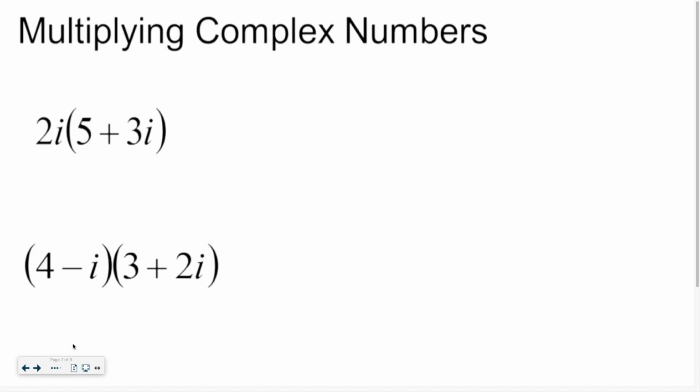Okay, last example is multiplying. Now we're going to do what Alex said, which is distribute. You just treat i like a variable. So like before, we just combined like terms. Now we're going to distribute. 2i times 5, 10i. Okay. 2i times 3i, 6i squared. Now that's weird. We didn't have an i squared before. What did we say? Did anybody write back when we did imaginary unit?